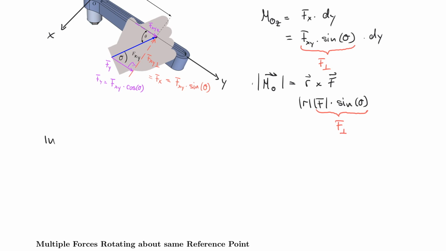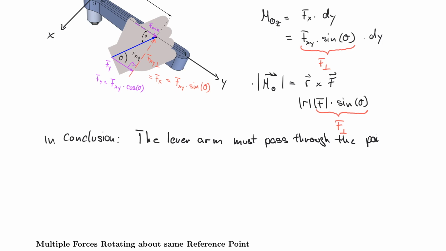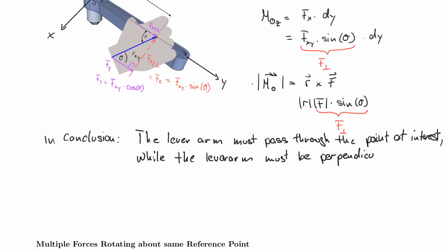So in conclusion, the lever arm must pass through the point of interest, while the lever arm must be perpendicular to the acting force.